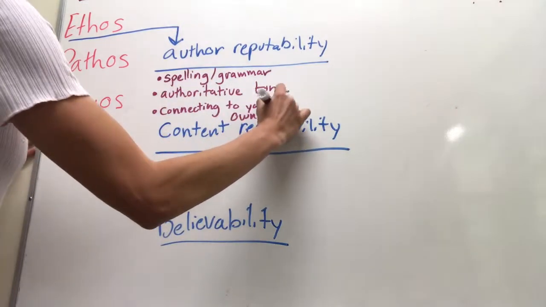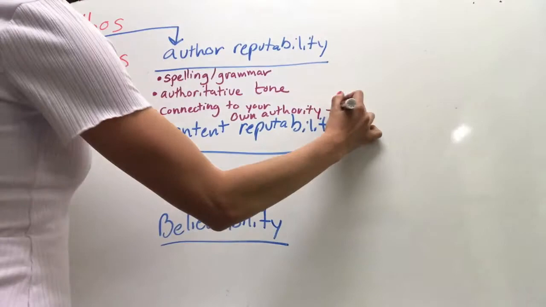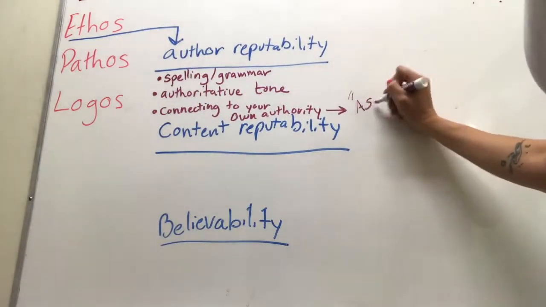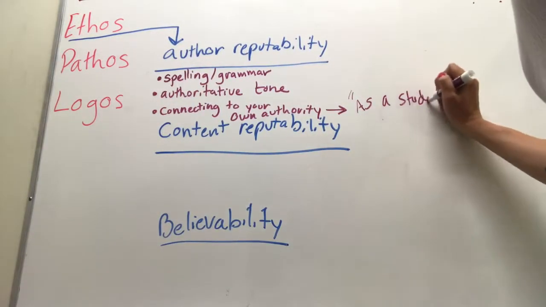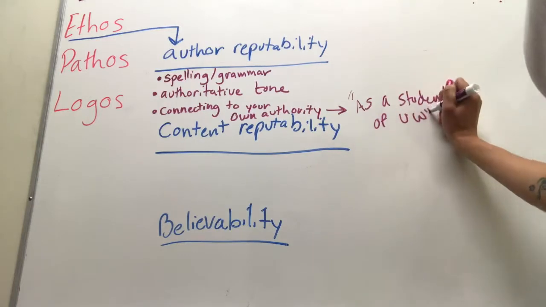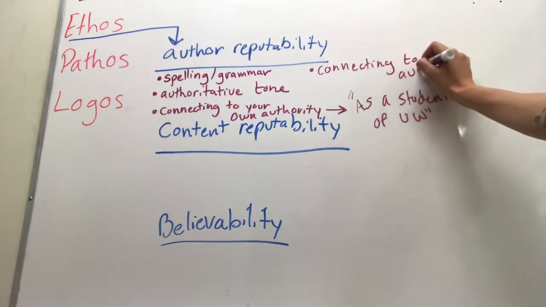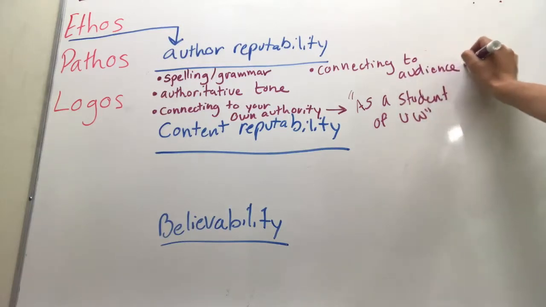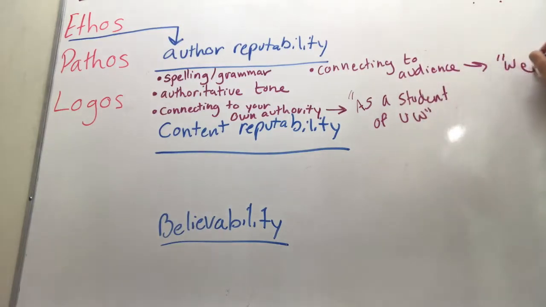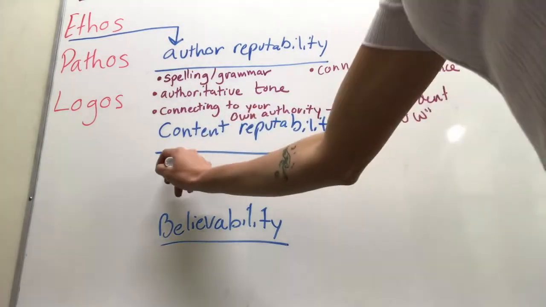The third thing is connecting to your own authority. So using phrases like, as a student of UW, because clearly you're an expert of things that are happening at UW. The last way to build author reputability is connecting to your audience, and that's saying things like, we believe, or it matters to us. And those phrases, we and us, show the audience that you're one of them.